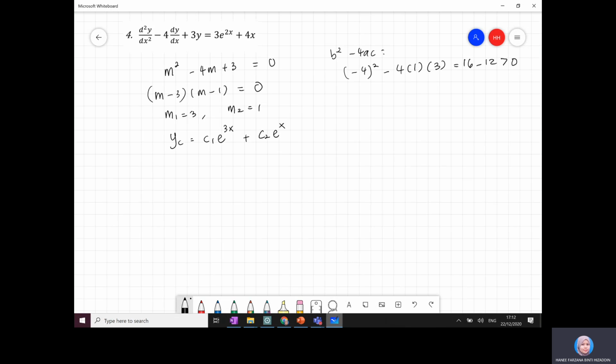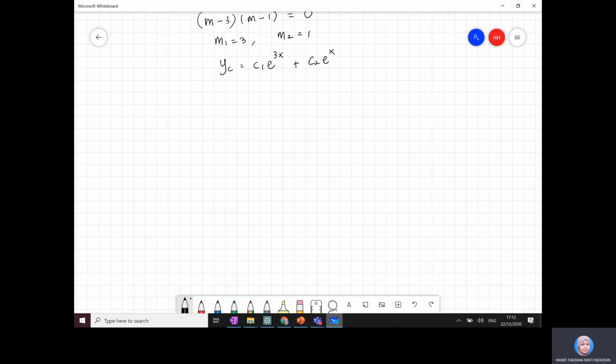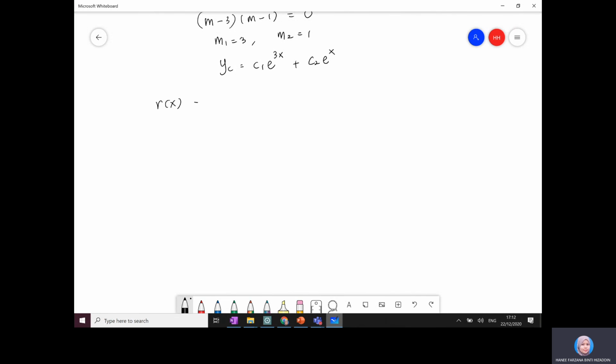Right, so we're going to work on the right-hand side of the equation. So your R(x), in this case, is 3e to the 2x plus 4x. So compare this with the standard form of your R(x), where e to the alpha x and Pn of x.